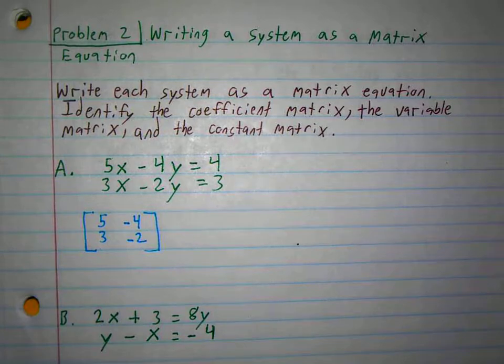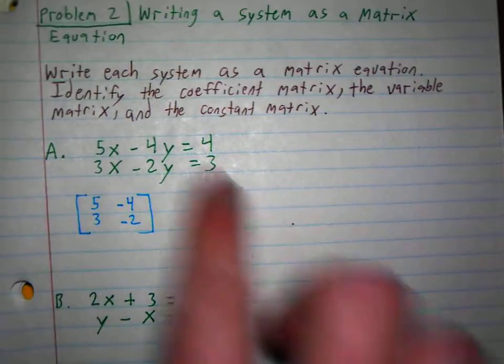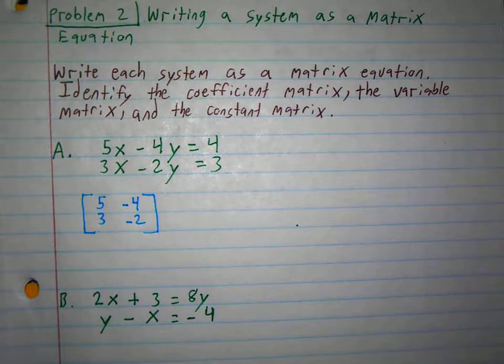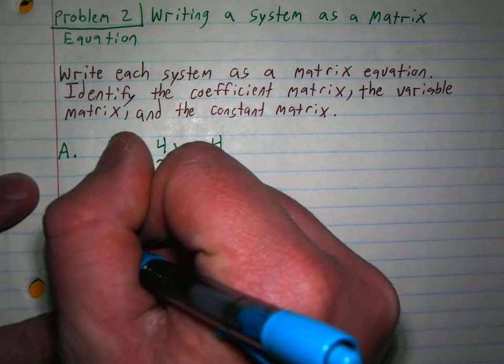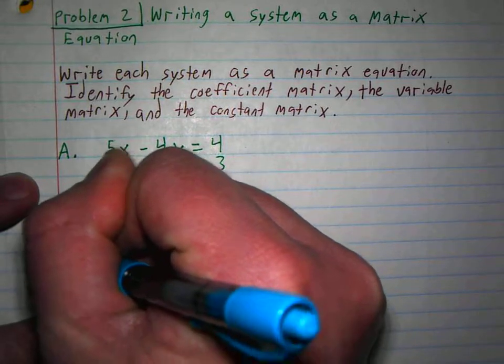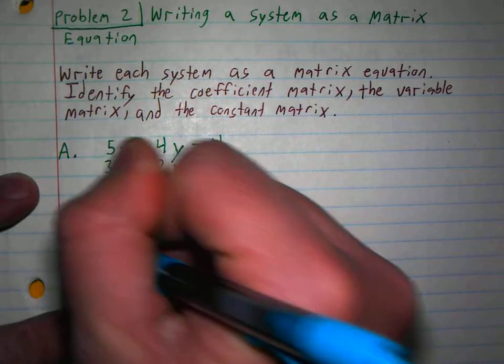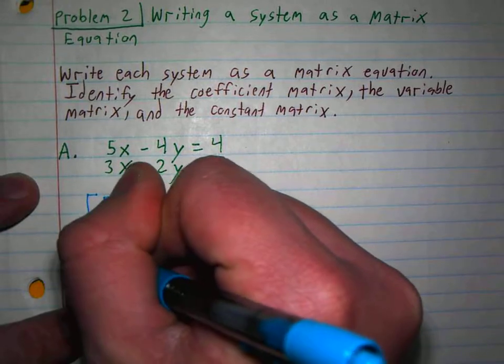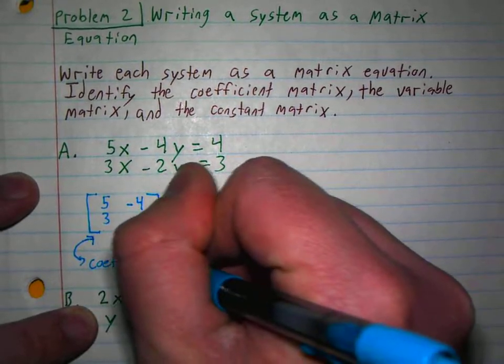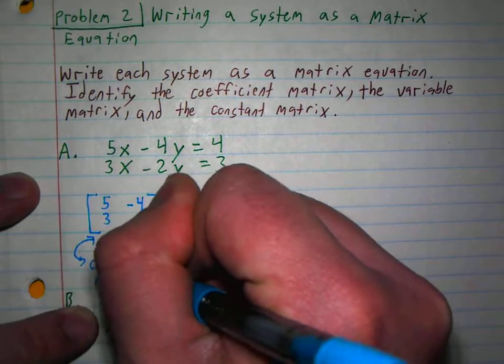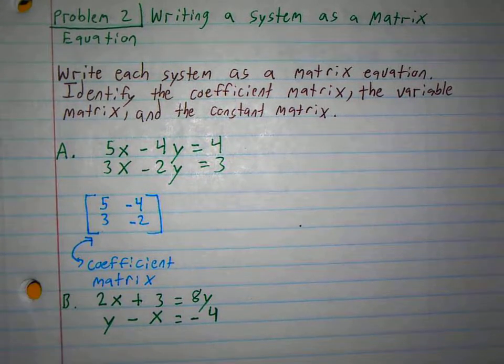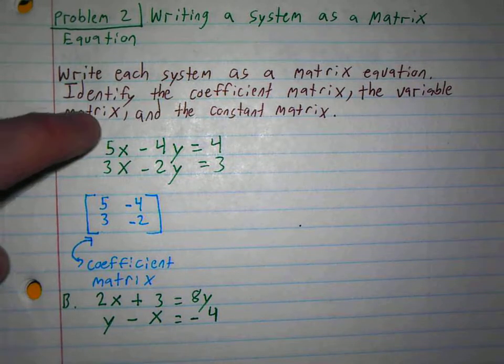And it also says identify the coefficient matrix, the variable matrix, and the constant matrix. This is called a coefficient matrix. Remember, coefficients are the numbers that are in front of the variable. So coefficients would be the numbers in front, right?